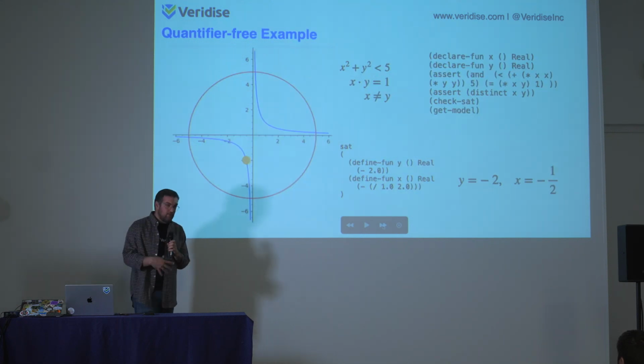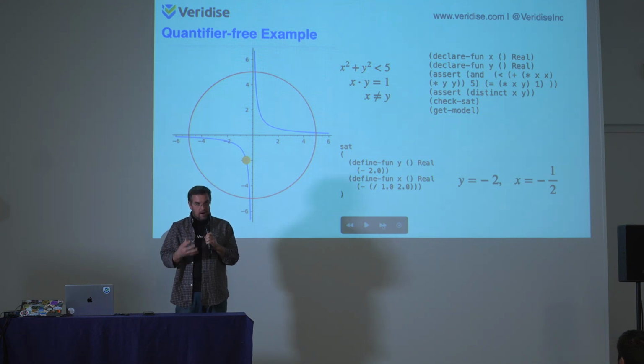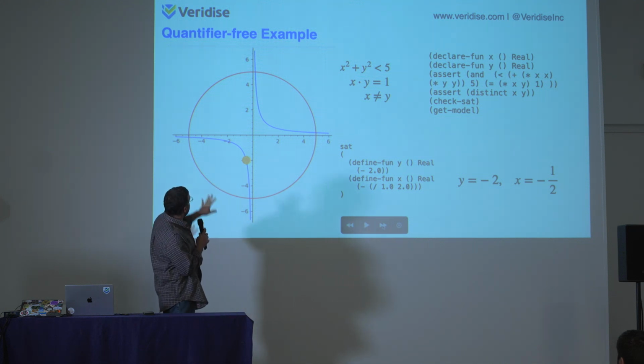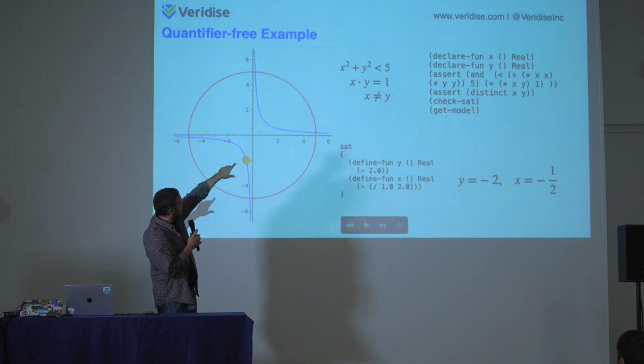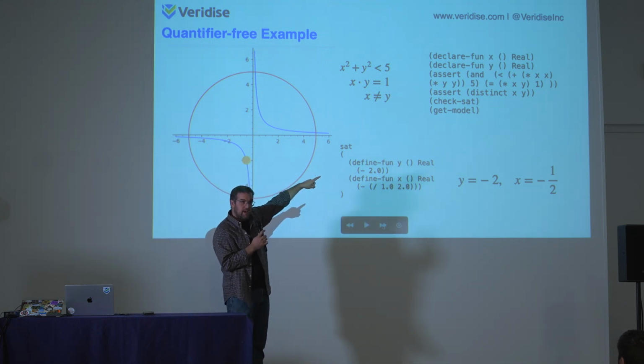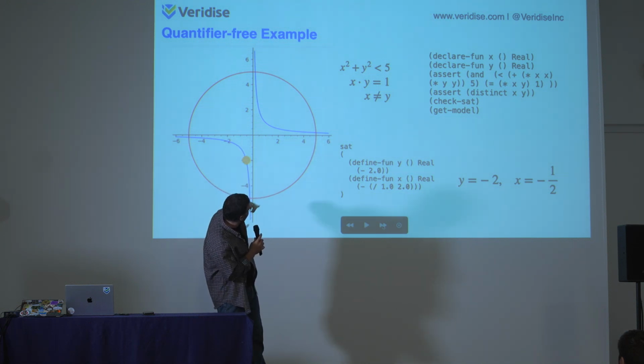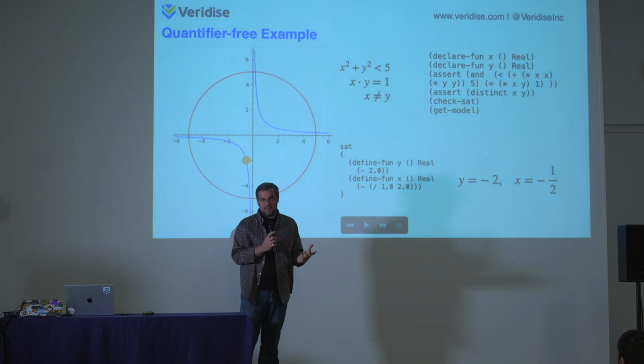Yeah? But just to show you how SMT solvers are in action, I'll give you one example here where you want these three constraints to be satisfied, right? X, Y is a point. You want it to be on the red circle. You want it on the blue curve. And you want the X and Y coordinates to be distinct. Yeah?